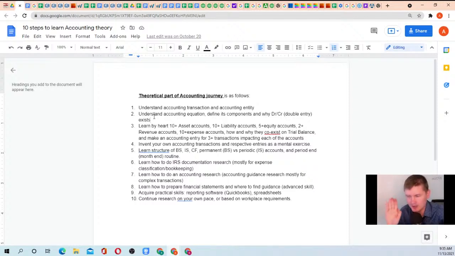When your business acquires an asset, you either invest your funds in that asset, or you invest a bit of your funds and take a loan to invest in that asset. So assets still equal liabilities plus equity.